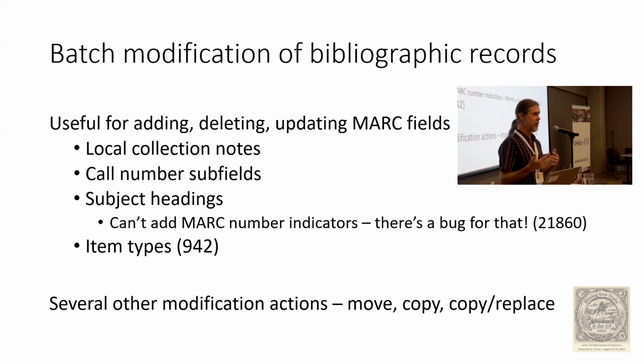The limits of my practical experience with this in doing projects is that it's largely been adding and updating local collection notes, call number subfields, item types, and also deleting subject headings from records for vocabularies that we don't use. We don't use Sears or FAST.